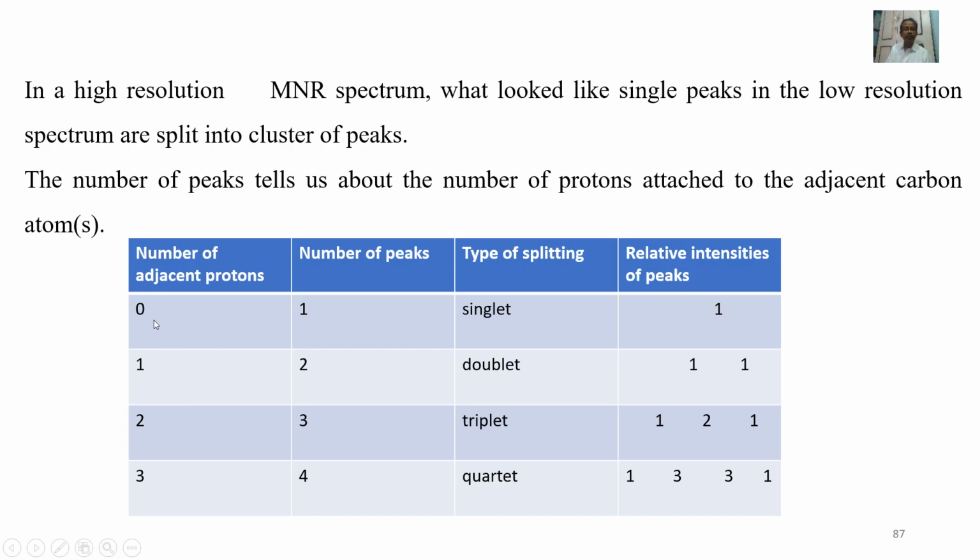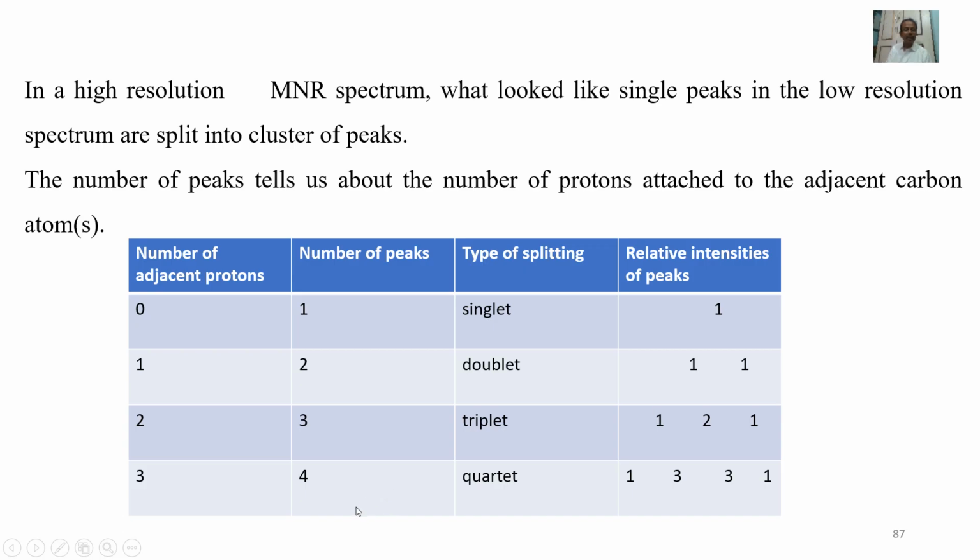So we have 0 adjacent protons, so the number of peaks is 1, which we call a singlet, and the relative intensity is 1 because we have only one peak. If the number of adjacent protons is 1, then the number of peaks will be 2, the type of splitting is a doublet, and the relative intensity is 1:1. If the number of adjacent protons is 2, then we observe 3 peaks, the type of splitting is a triplet, and the relative intensity of peaks is 1:2:1.